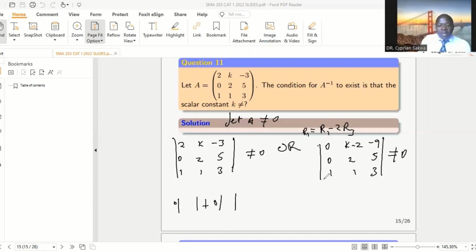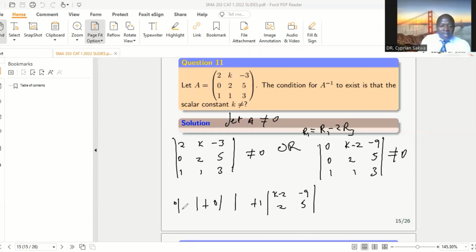So the only thing that will work is this one. Remember, I'm doing it along this column. So 1 times the determinant of the matrix that remains when I delete the row of 1 and the column of 1. It's k minus 2, minus 9, 2, 5.